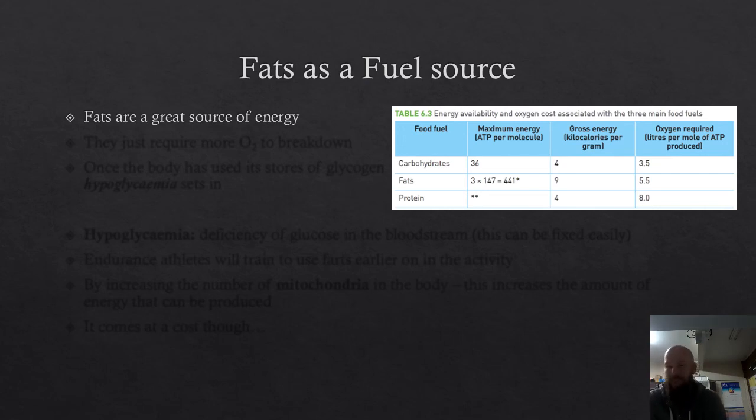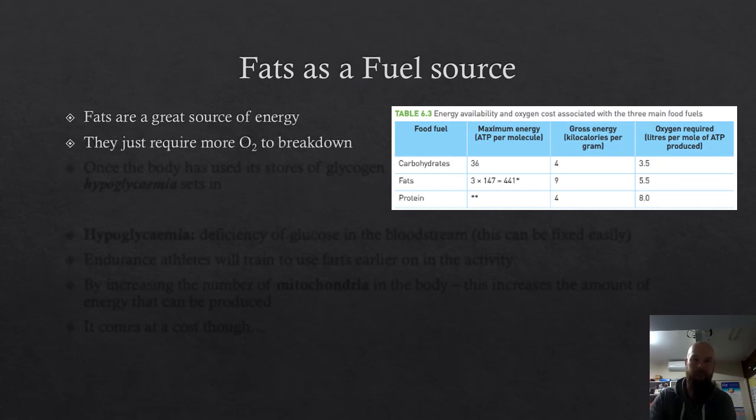It could be more, it could be less. So there's heaps more that is produced by fats. But, and that was the big but, it requires more oxygen to break down, which takes longer.